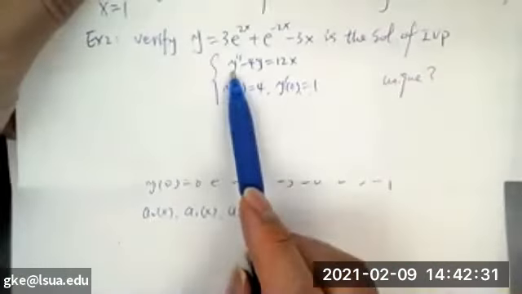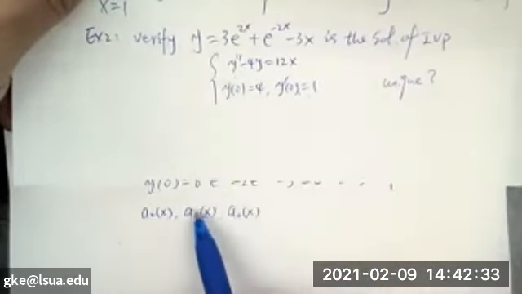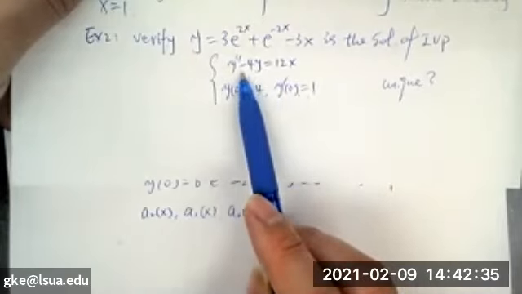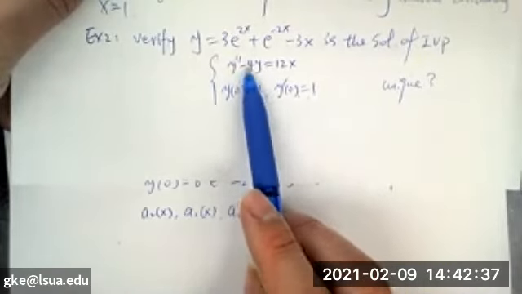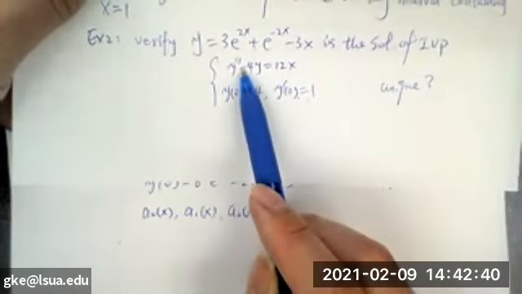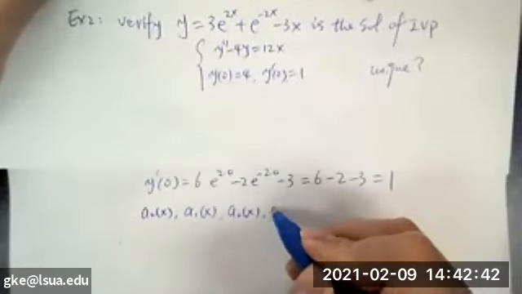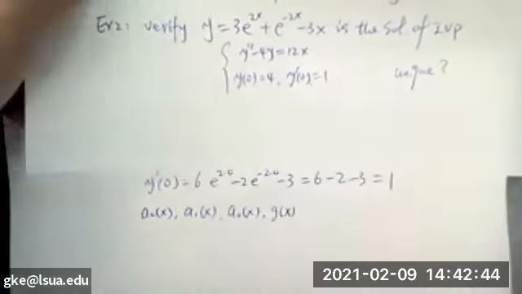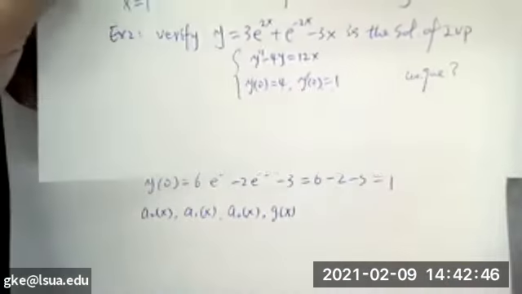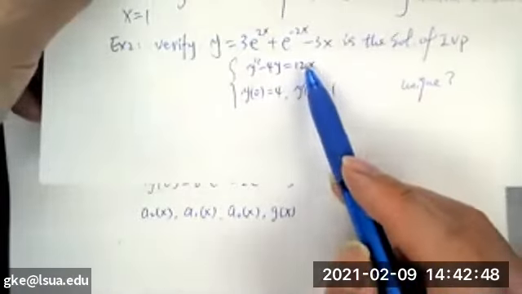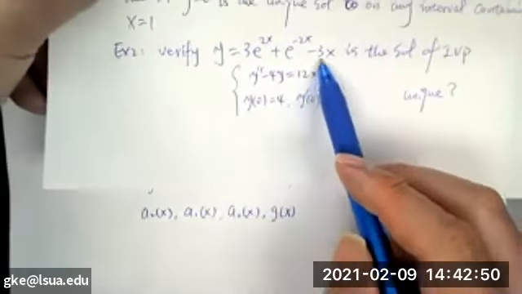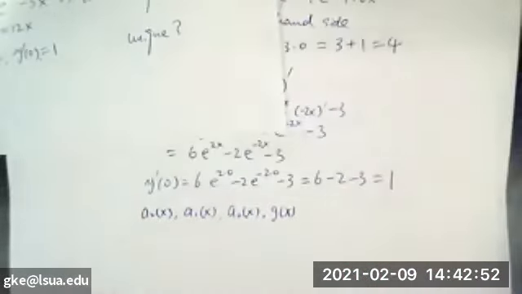So a2(x) is 1, a1(x) is 0, right? Because we don't have the first derivative. a0(x) is -4, and g(x) is 12x. We don't have a singularity issue for the 12x, right?